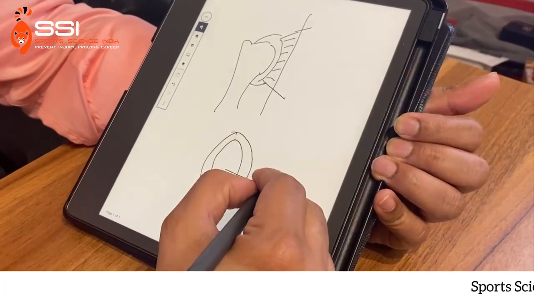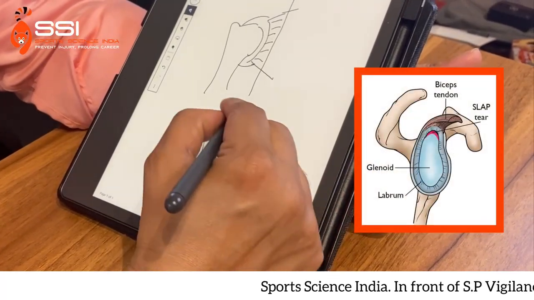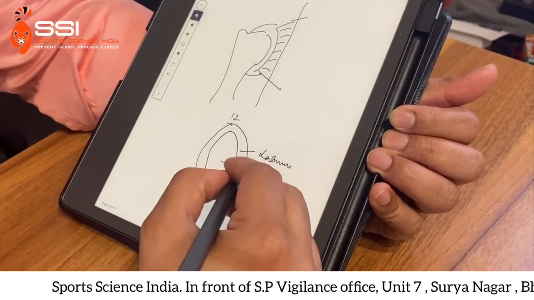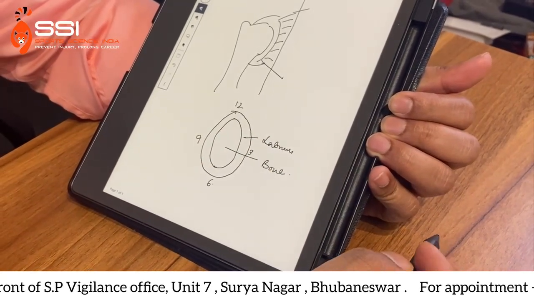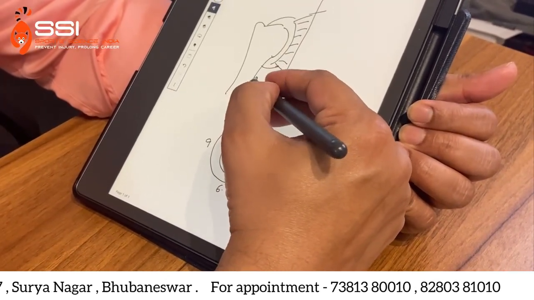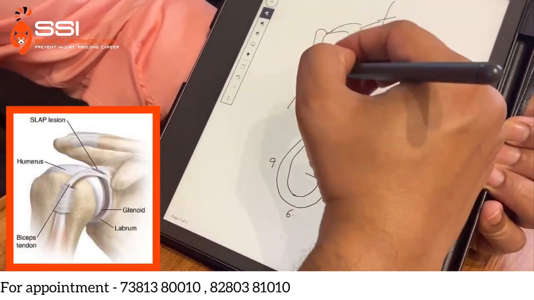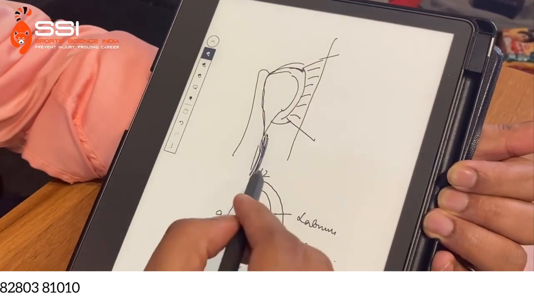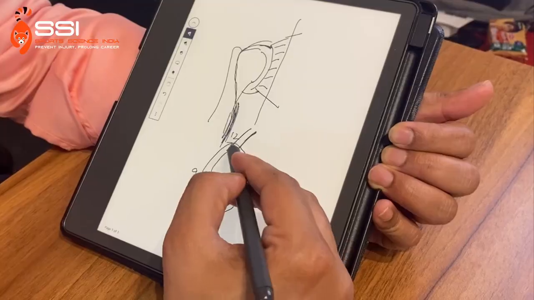This is the bone and this is the labrum which surrounds it. Like a clock, this is 12 o'clock, 6 o'clock, 3 o'clock and 9 o'clock. Here comes our biceps muscle, which goes up and attaches here. This is where the biceps attaches, the anchor of our shoulder joint.